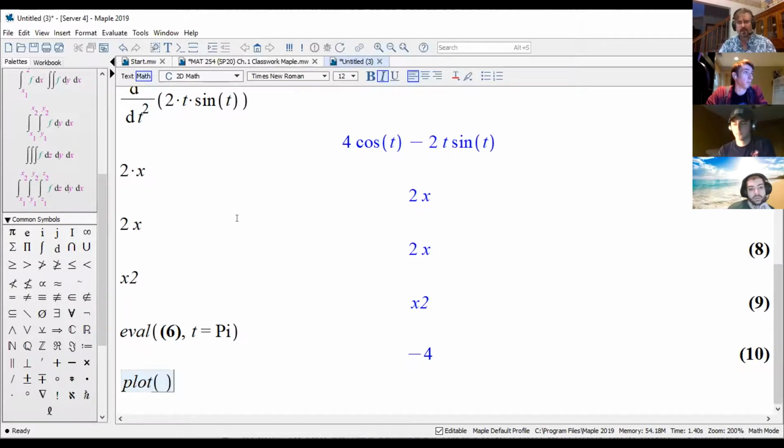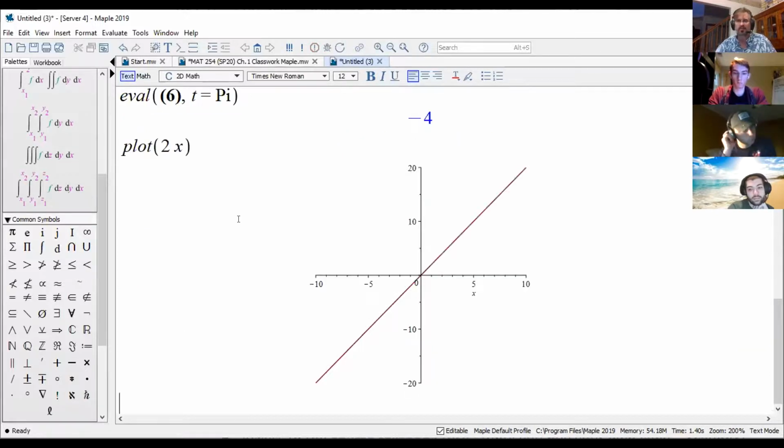So I can ask Maple, can you plot 2 times x? You guys know what that looks like as a graph. No big surprise, Maple thinks about it apparently way too long and comes up with the graph of 2 times x. What do you notice about this graph that might be a little surprising?